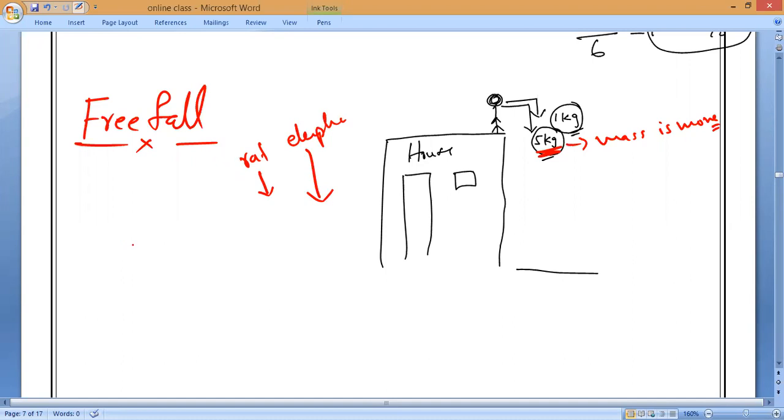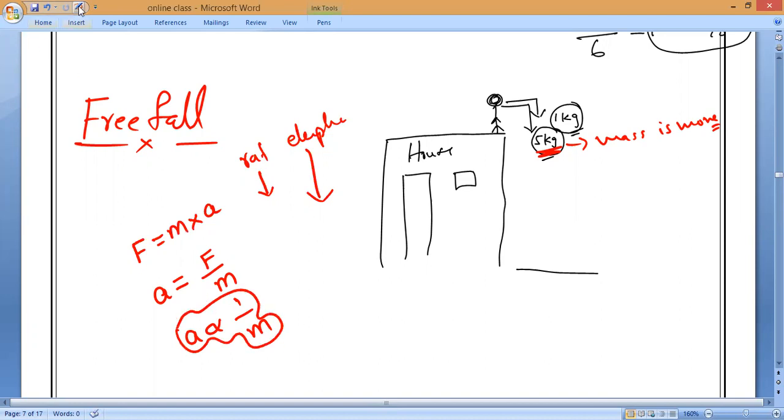Because, as we know, Newton's second law. Can you tell me Newton's second law, Gokul Krishna? Force F is equal to mass into acceleration. From that, the acceleration A is equal to force by mass. So what is the relationship between mass and acceleration? Acceleration is inversely proportional to mass.